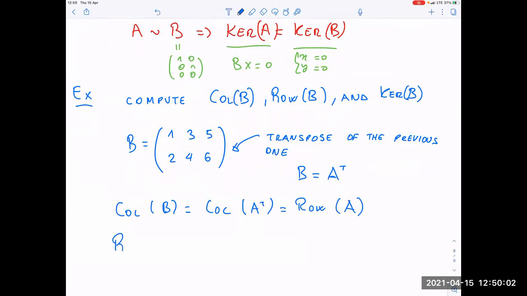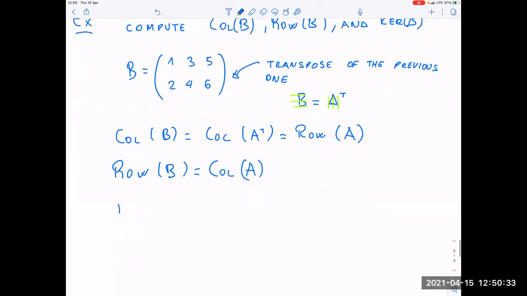And similarly, the row space of B is just the column space of A, right? Because if you look at the rows of matrix B, they are just the columns of matrix A. So we don't need to compute much about row space and column space.